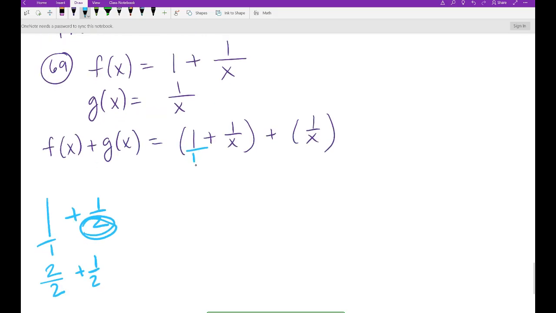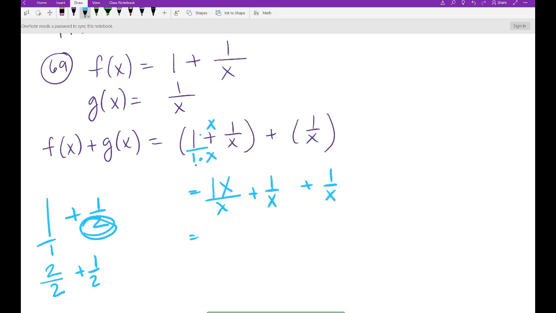All right, so in that set of parentheses, what's a common denominator? It's just x. So can I multiply the bottom by x and have a common denominator? What you multiply to the bottom, you have to multiply to the top. So here we go. We have 1 times x over x plus 1 over x. Okay, bring down this piece.